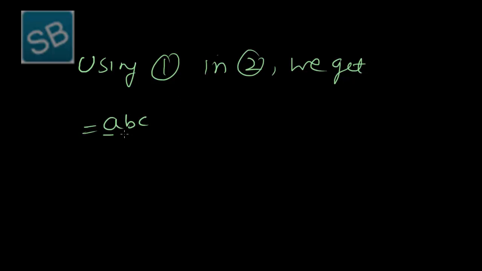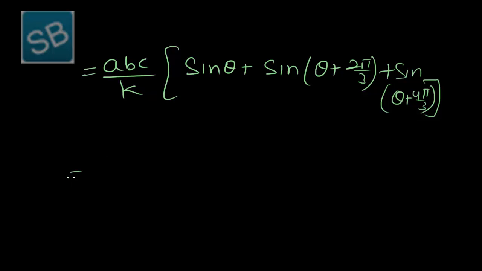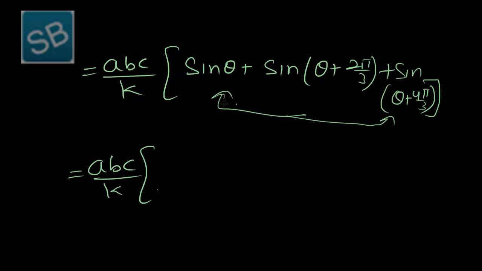So we get ABC over K into sin theta plus sin theta plus 2 pi over 3 plus sin theta plus 4 pi over 3. Here we will use the sum or difference in the form of product. We will take first these two terms, this and this. You can take any two also, that is our wish, because from this we will easily get theta plus 2 pi by 3.